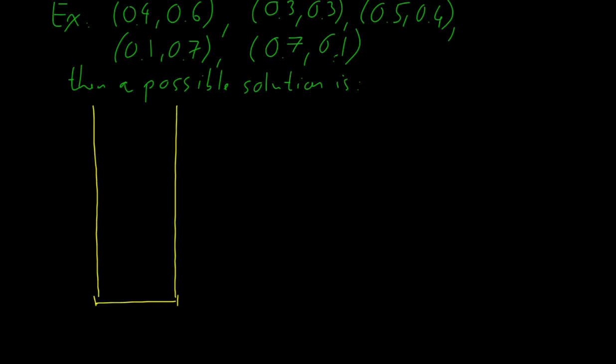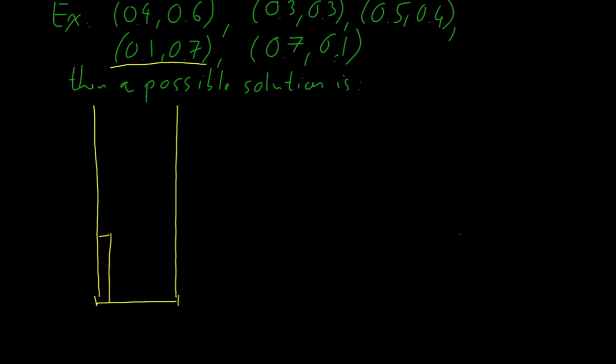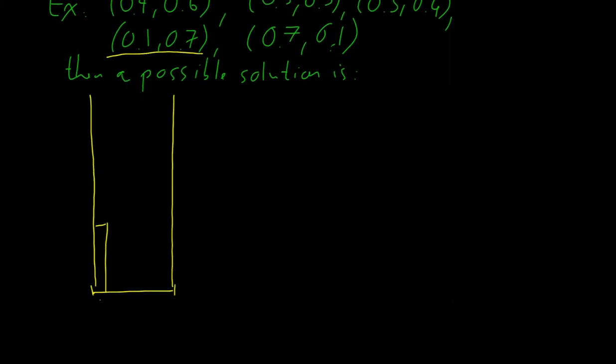So for example, it's probably a good idea just to place this guy, because this is a narrow and quite high rectangle. It might be a good idea just to put this here somewhere. So the width of this guy is just 0.1. I will just write 1 instead of 0.1, and so on. And the height of this guy is 7. Okay, so we just packed this guy.